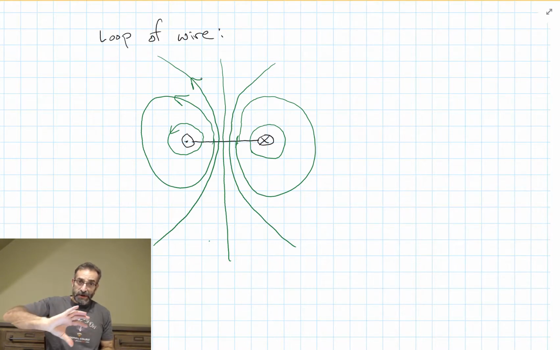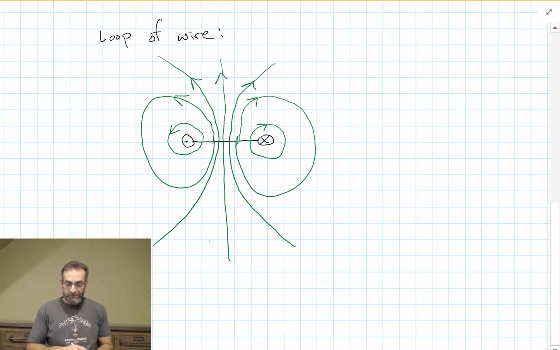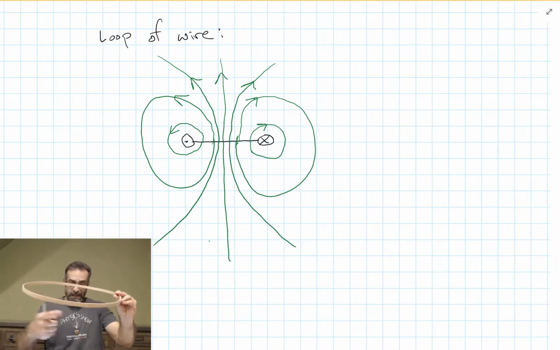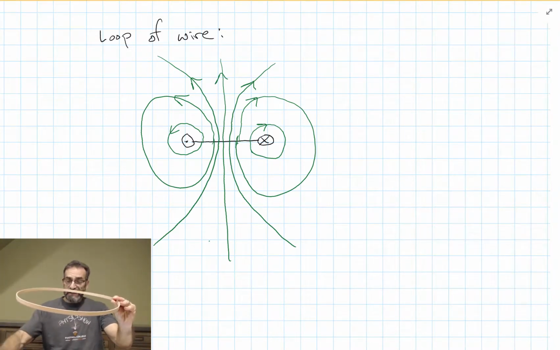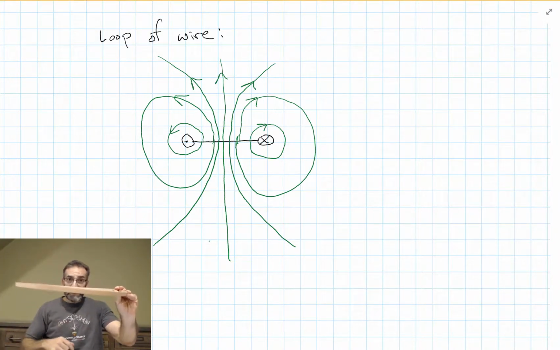My fingers curl around the wire in the clockwise direction. So my magnetic field points this way. So if I had a loop of wire like this, with a current flowing in it, I would expect to have the space around it filled with a magnetic field that resembles what I've drawn on the paper.